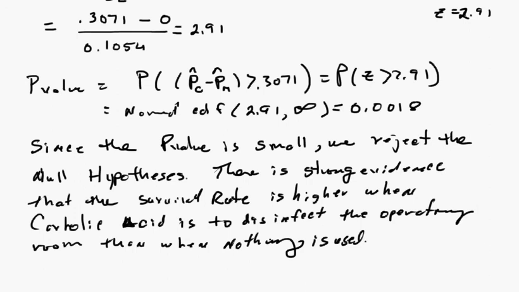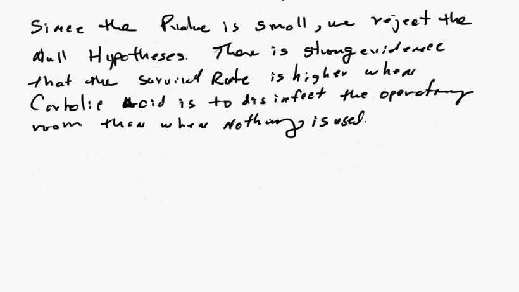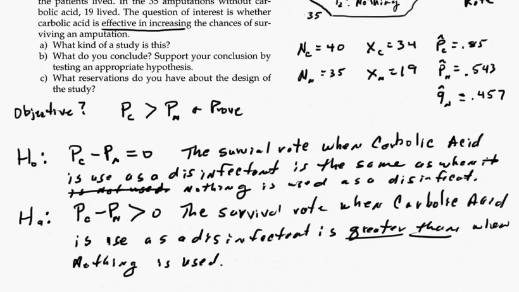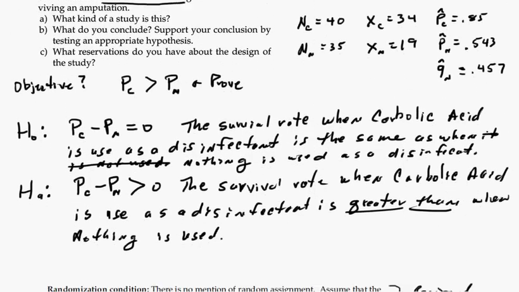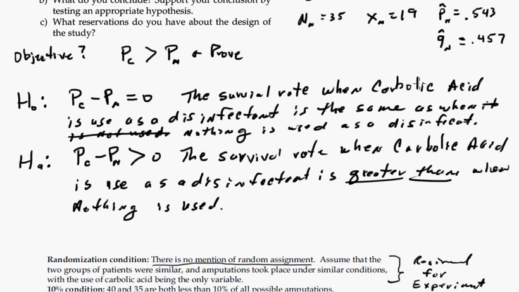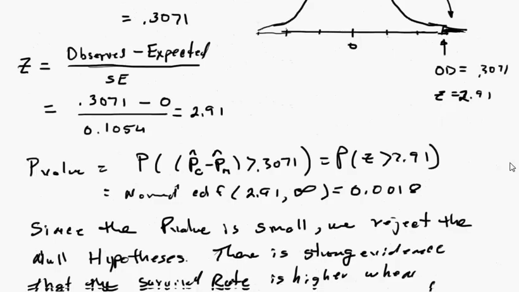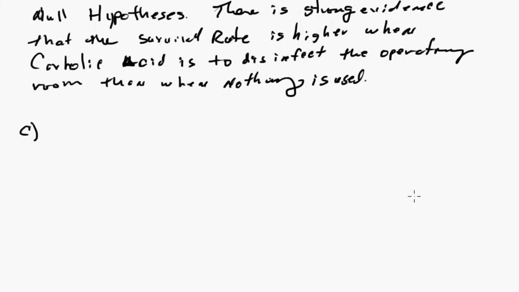Okay, so there was a follow-on question: what concerns do you have? I don't quite remember the whole question. Oh, what reservations do you have about this design? Well, we had to assume that there was random assignment. So we don't know whether or not the patients were randomly assigned to treatments, and we don't know whether or not blinding was used.